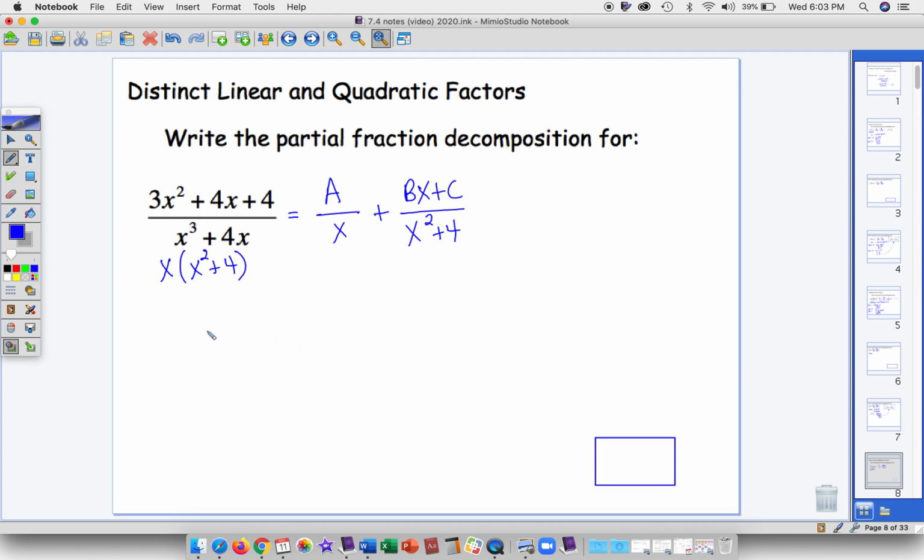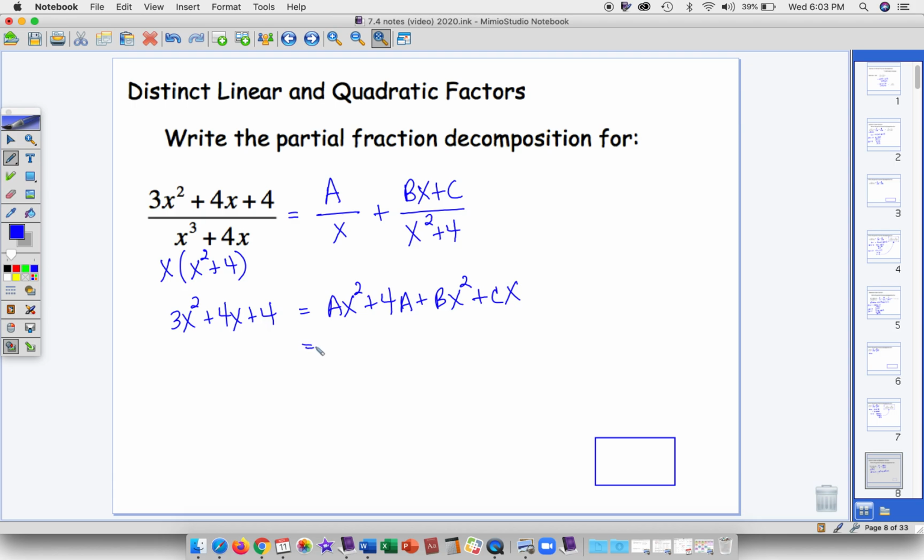Okay, now I'm going to show you a new method for this one. We're still going to multiply through by our common denominator. So here I get ax squared plus 4a. And here I get bx squared plus cx.